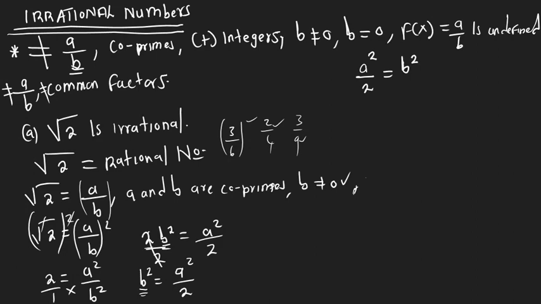What does this imply? Any number that is divisible by 2 is an even number. This implies that a squared is even, because if you divide a squared by 2, you are getting b squared as a single number without any decimal point.